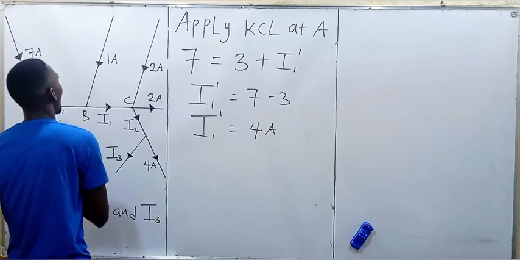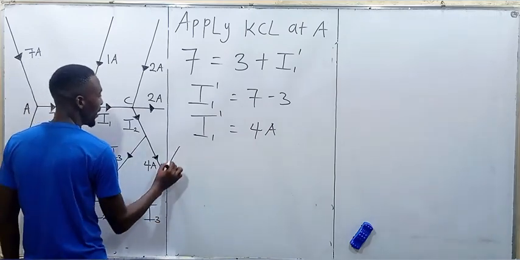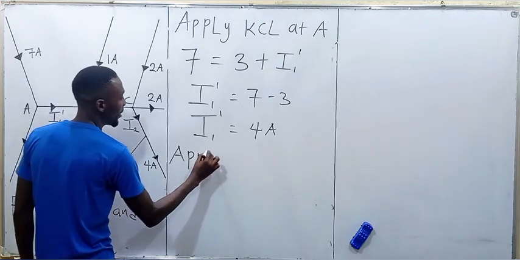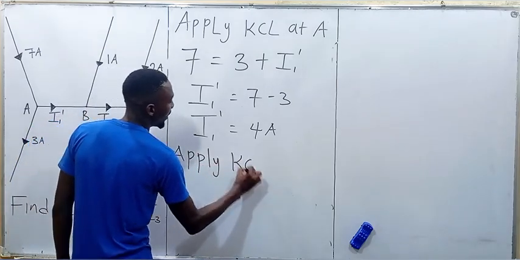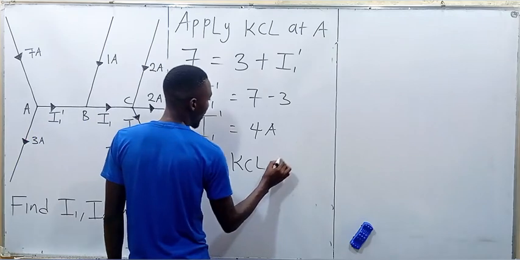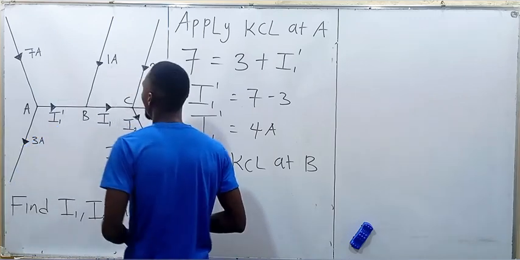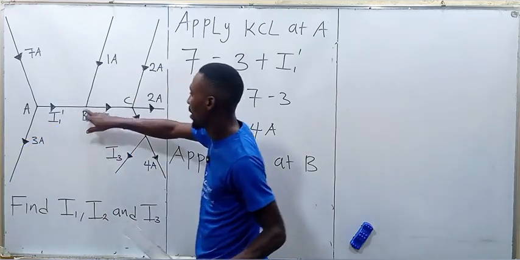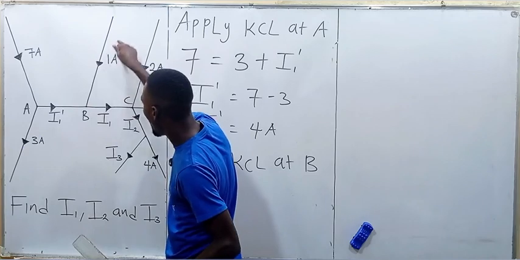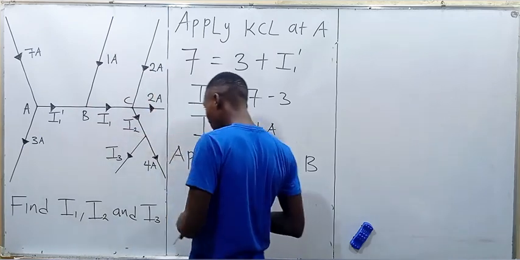All right, so we are going to apply KCL at B. At node B here, I1 prime is flowing in, 1 is flowing in, so I1 is flowing out.